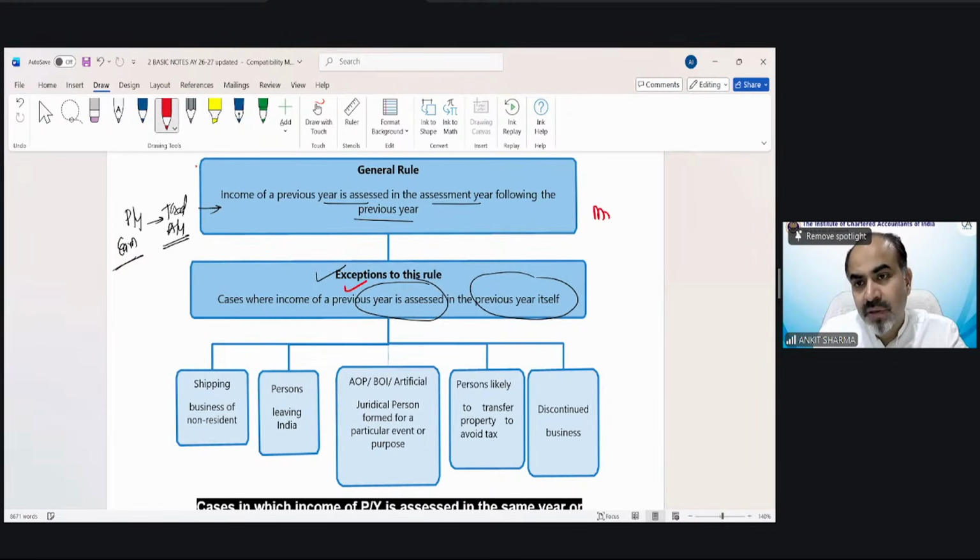Suppose there is Mr. A who is earning a salary of 10 lakh rupees per month working in India. In the month of November, he had an opportunity to join a job in USA.